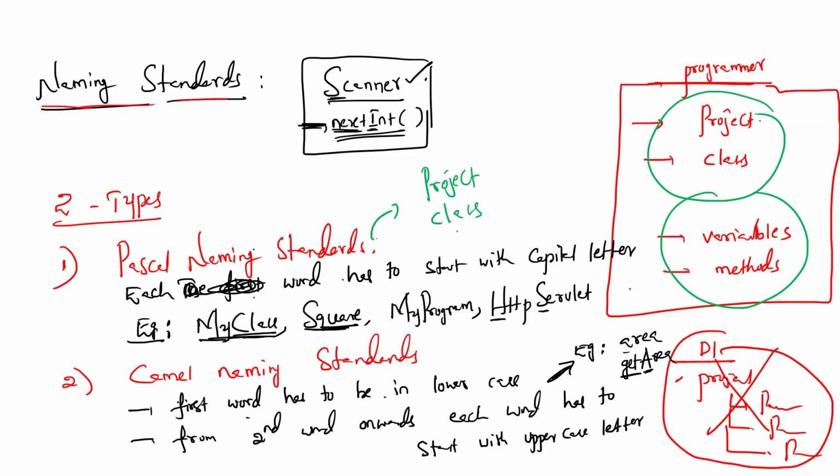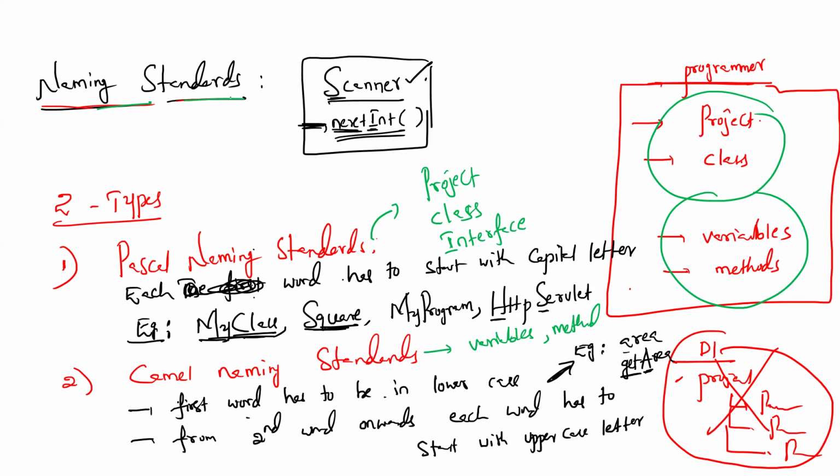Then there is one more concept we don't know as of now, called interface. Interface also has to follow Pascal naming standards in Java. And what are the remaining things when it comes to camel standards? Variable names and method names have to follow camel naming rules. This is the naming standard which we have to follow.